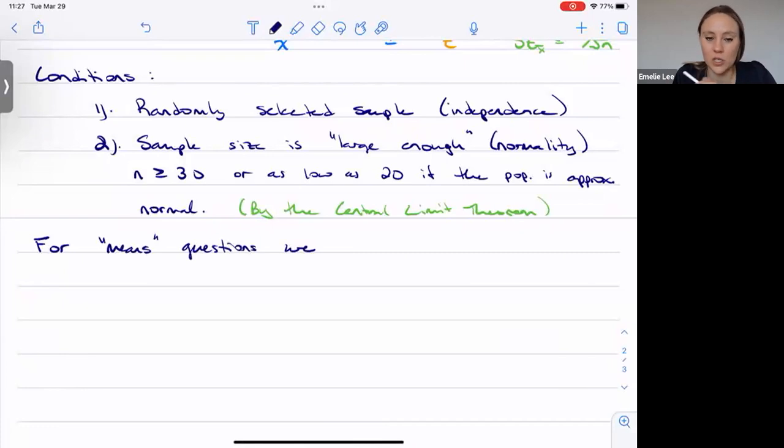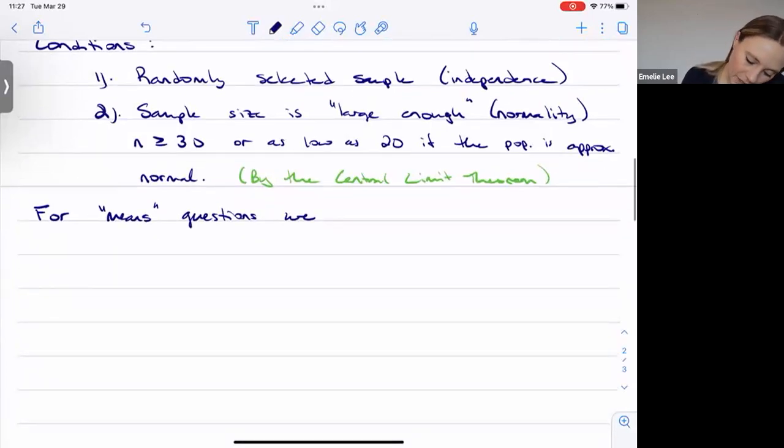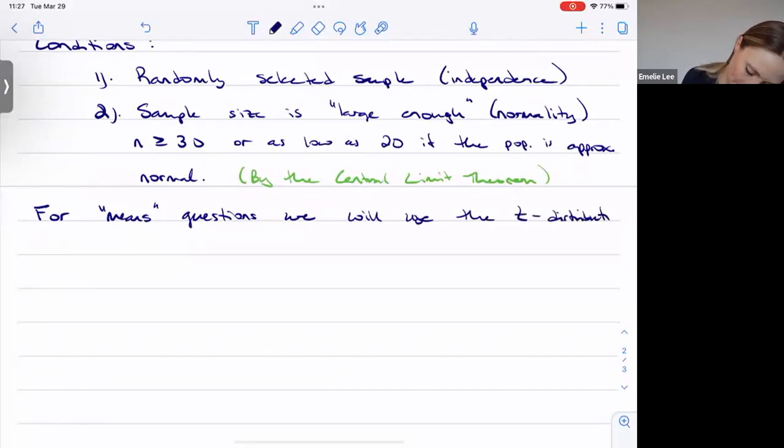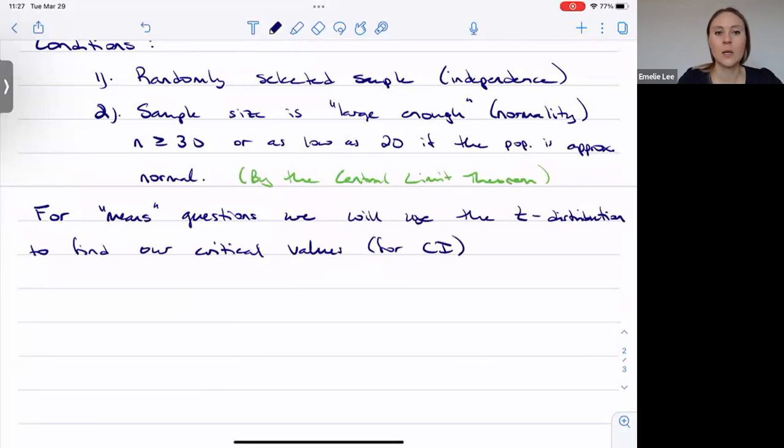For means questions, we will use the t-distribution to find our critical values for confidence intervals.